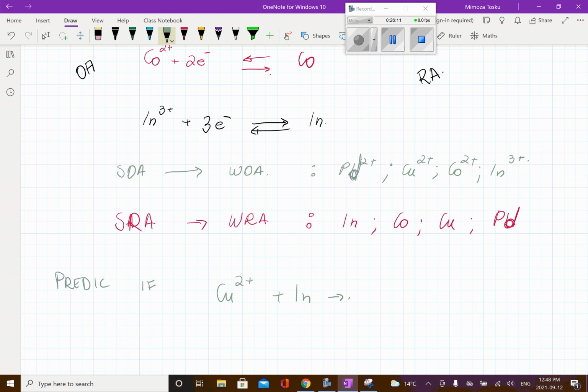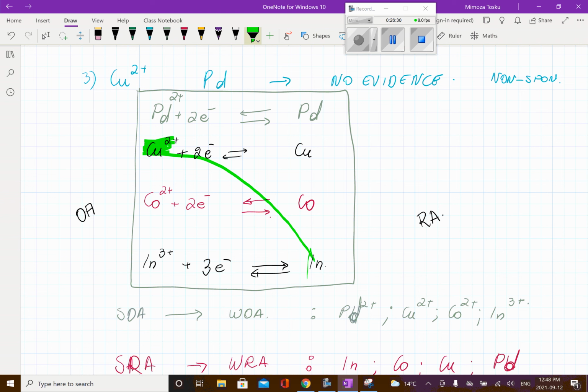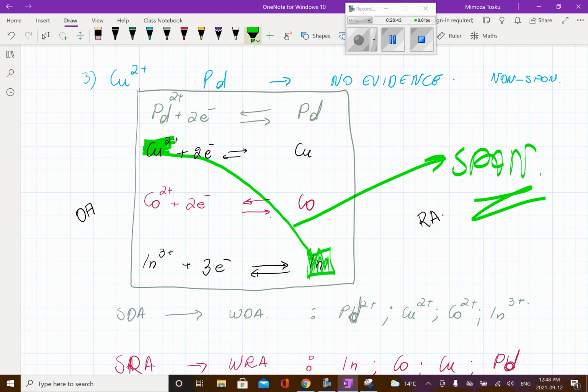So we take a look at the table that we created. We are standing at copper 2 plus on the oxidizing agent side and moving to iron on the reducing agent side, so that means it is a spontaneous reaction.